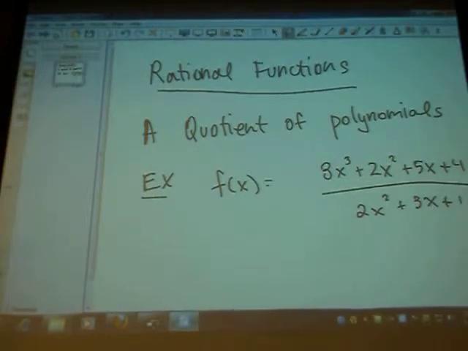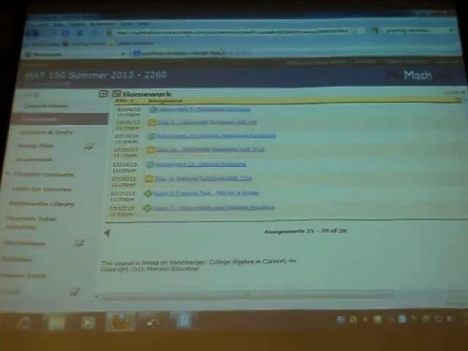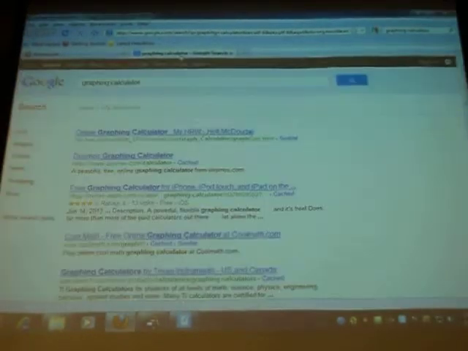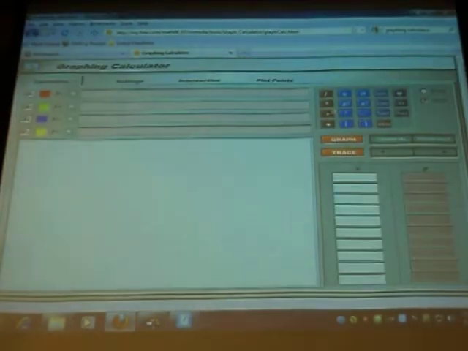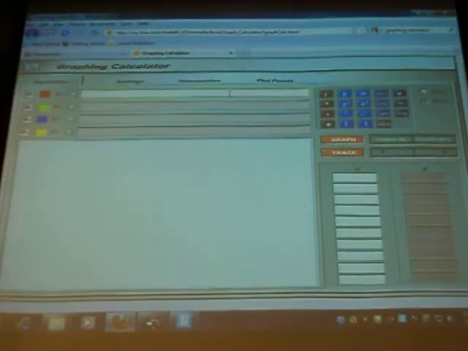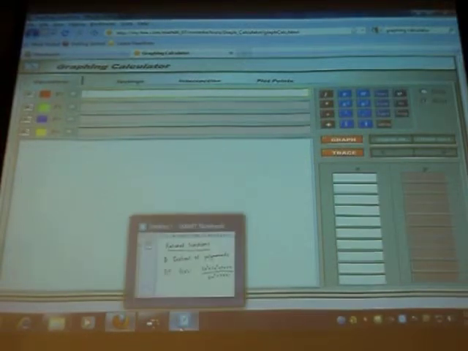Now, one thing we want to talk about is how to graph these things. How do we graph them? You guys know the graph calculator open? The most important thing when you're graphing is you must put parentheses around the numerator and the denominator.